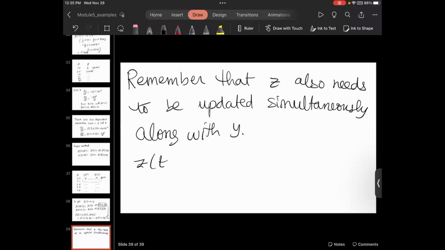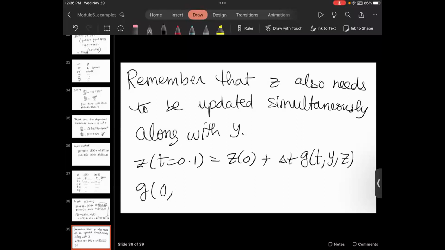So z at t equals 0.1 is z at time 0 plus delta t, which is 0.1, multiplied by g of t comma y comma z. So that is g at 0, y of 0 is 2, and z of 0 is 4, which is, what is our function? That is minus 2 times 4 squared divided by 2. That is minus 16.